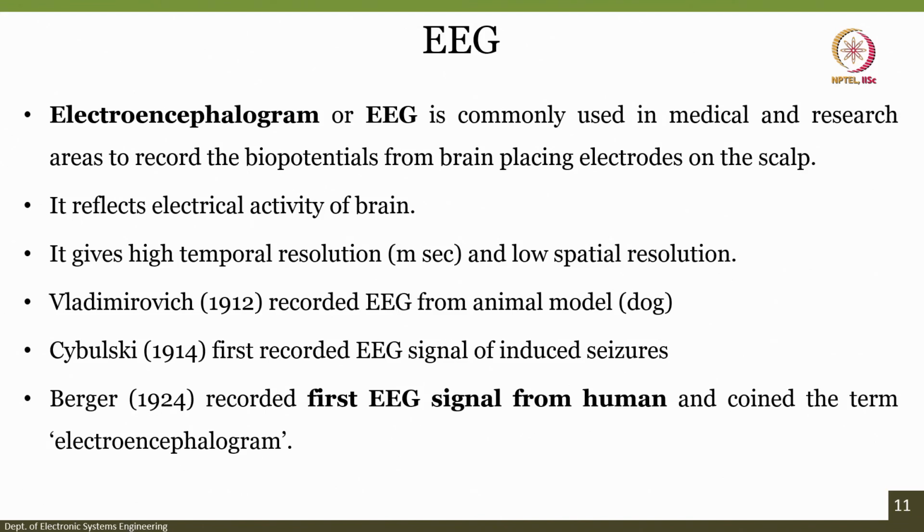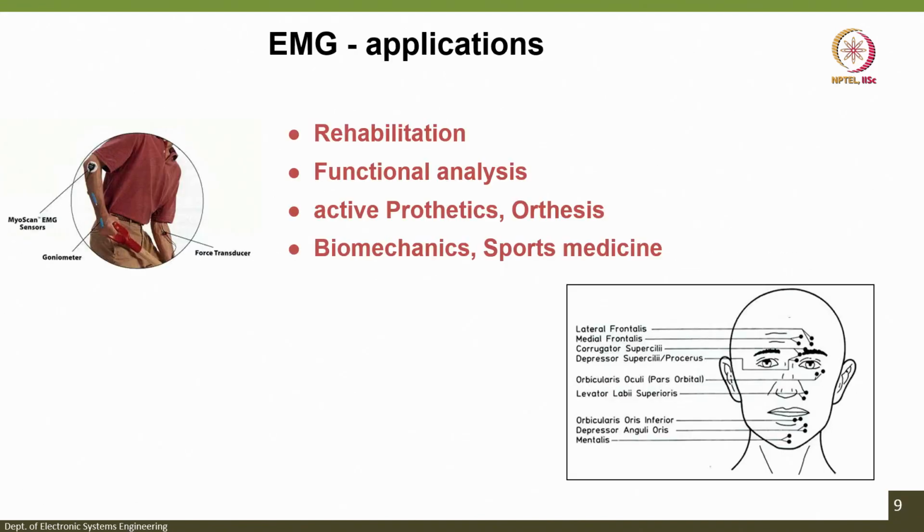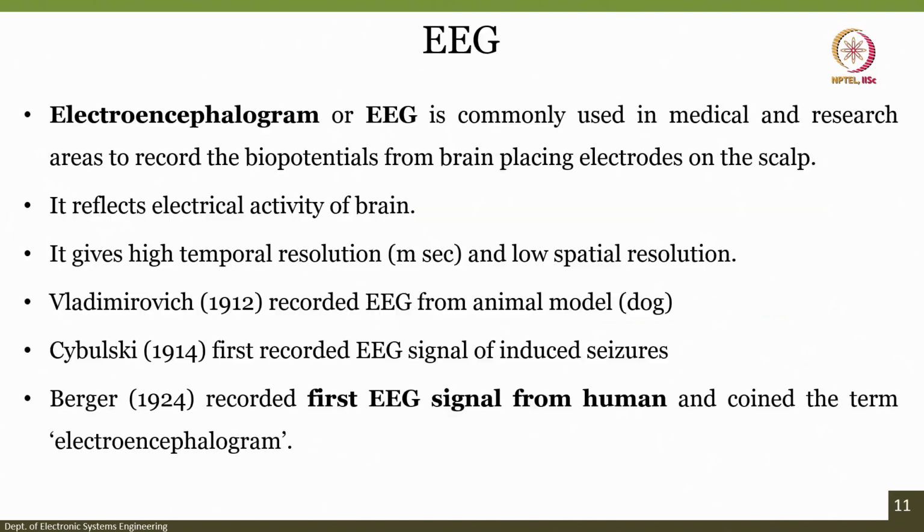So, what does it mean? This is the region on which we put the electrodes, and the signals arise from the brain by placing the electrodes on the scalp. What does it reflect? The EEG reflects the activity of the brain.